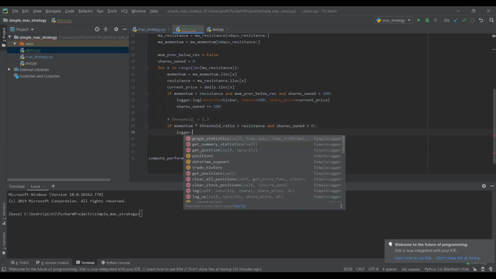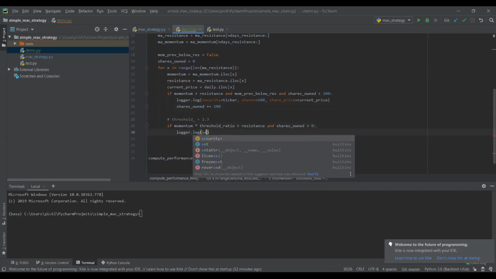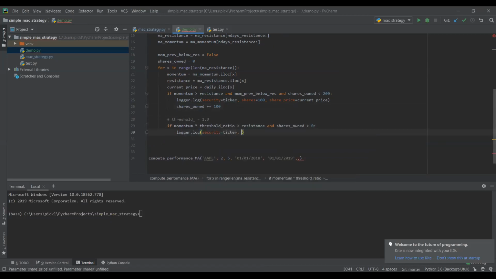Now we're going to log the shares. How do you indicate a short with the logger? You indicate that you're going to have negative 100 shares in this portfolio, and the share price is just equal to the current price.